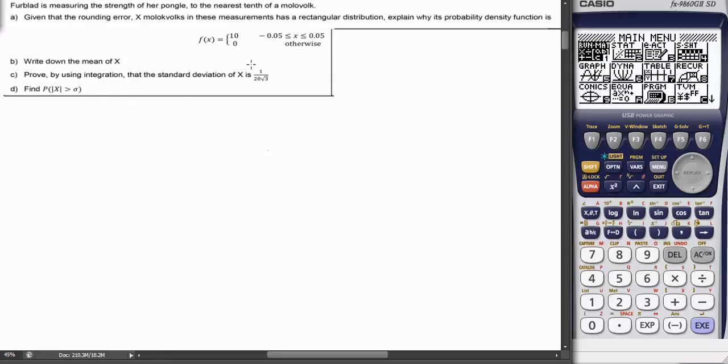So, first things first, we need to say that we know that the minimum and maximum error of a rounding error to 0.1 is plus or minus 0.05.